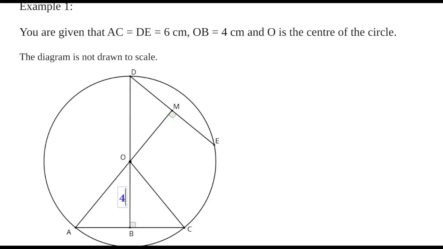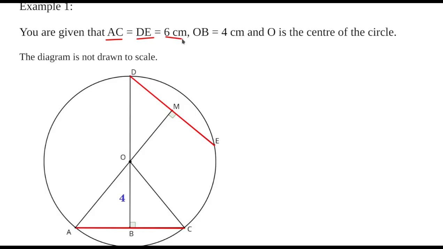And then we are noticing something here already. AC is a chord. DE is also a chord and they are both equal to 6 centimeters.